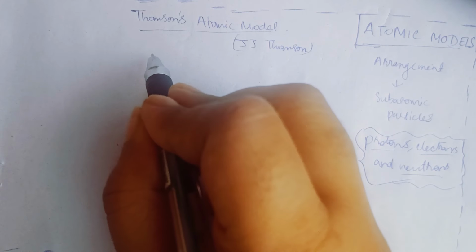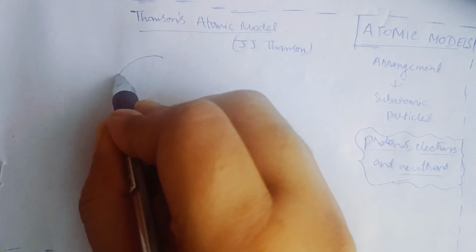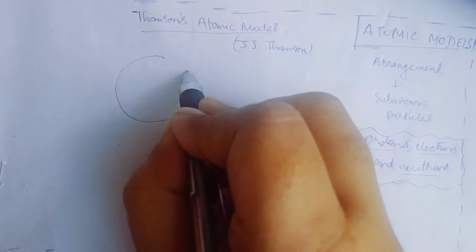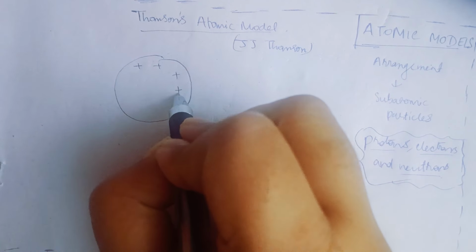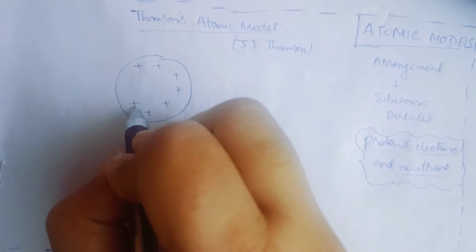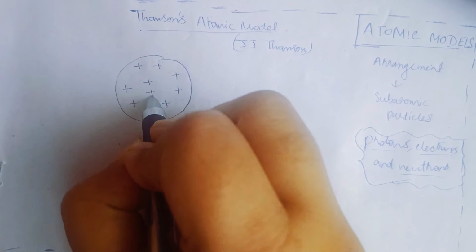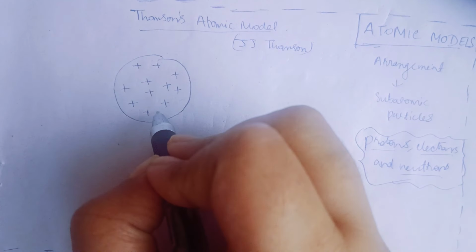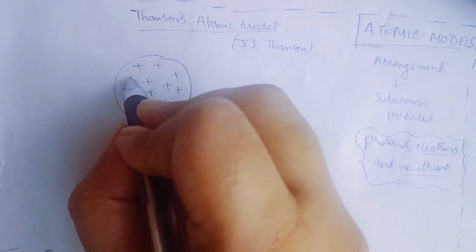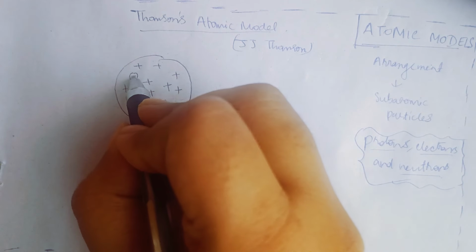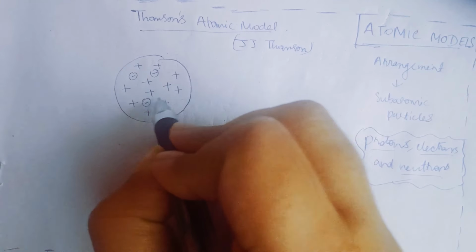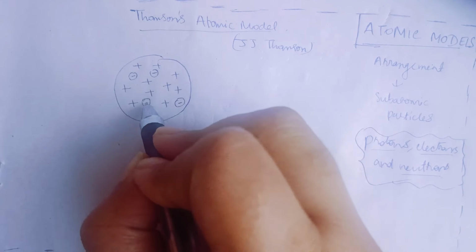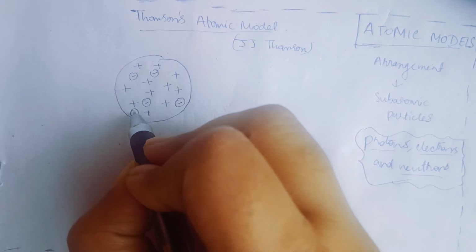According to this model, an atom is a sphere in which the positive charge is uniformly distributed, and negatively charged electrons are embedded in the positive sphere.